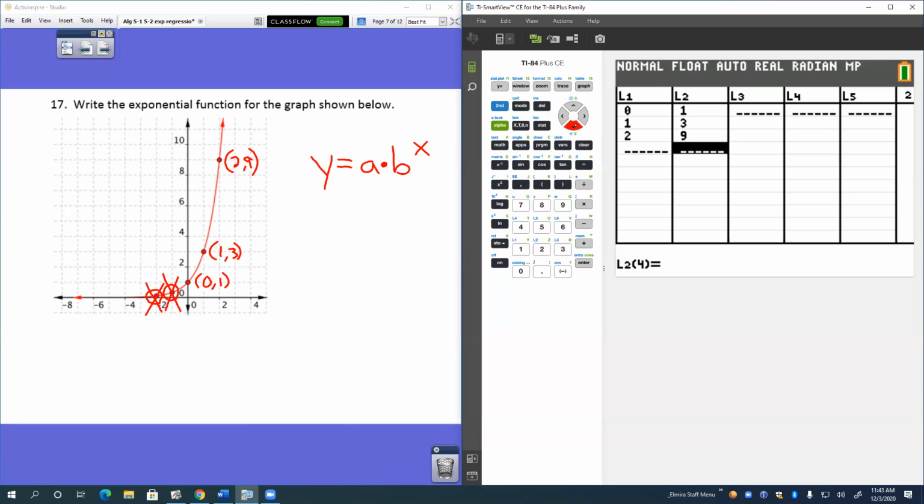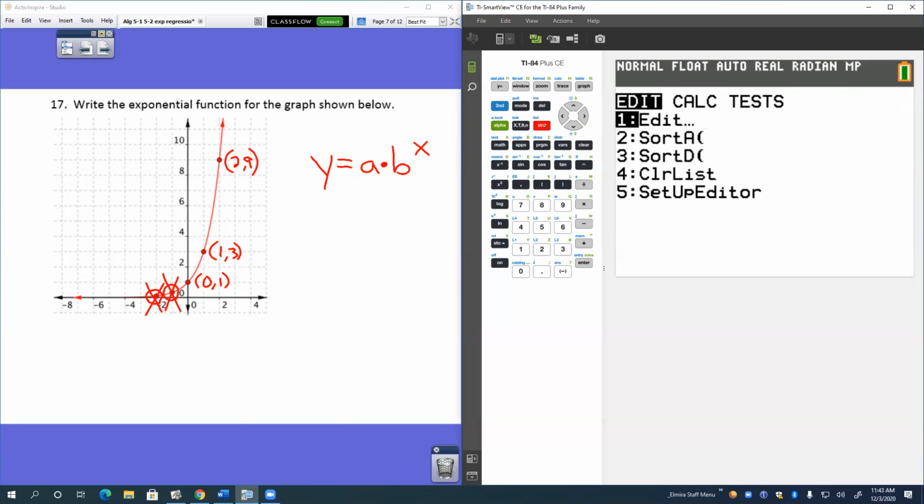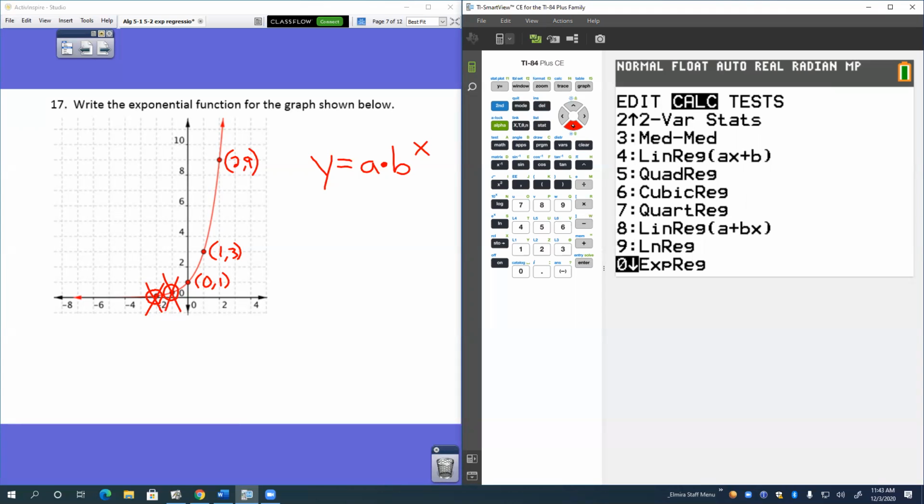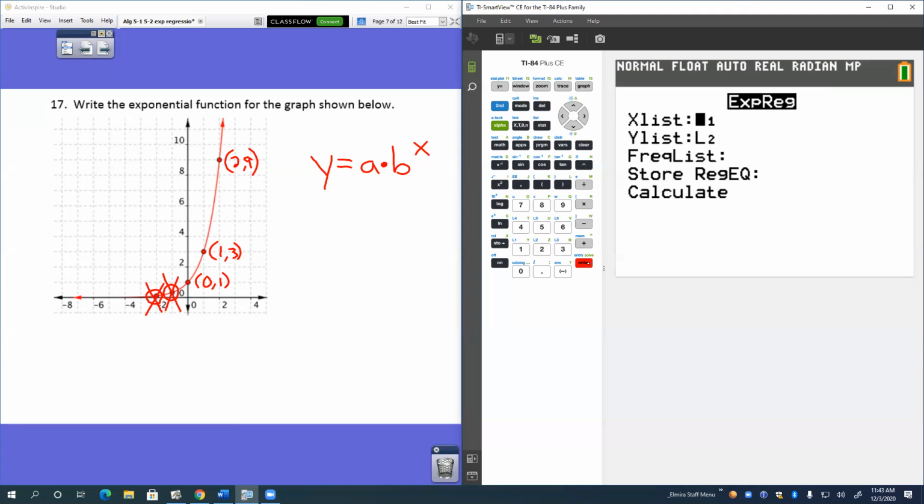To do our exponential regression, remember that you have to go to Stat, Calc, and then go down to 0, which is the exponential regression. Hit Enter. We want to use our L1 and our L2, so we're going to go down to Calculate. Hit Enter. Notice that it tells you what your A and B are.